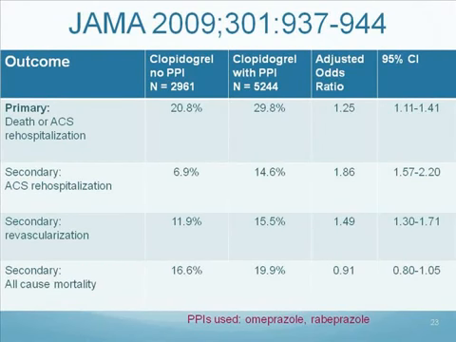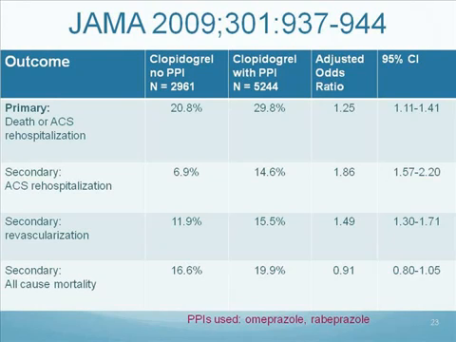The third row down, you can see one of the secondary endpoints, which is just the rehospitalization for ACS. And you can see that it was more than doubled in the group that had the combination therapy. And if you look at the bottom row, that's the endpoint of all-cause mortality. And there was a trend, but it was not statistically significant.